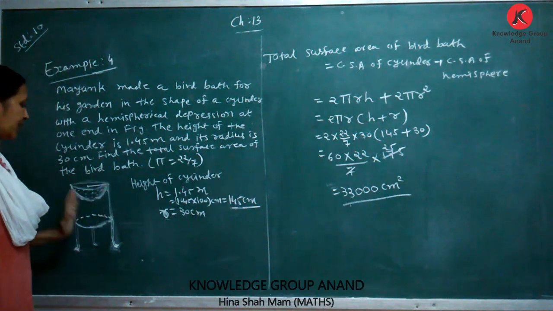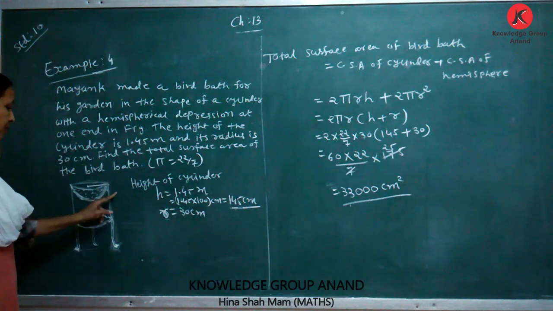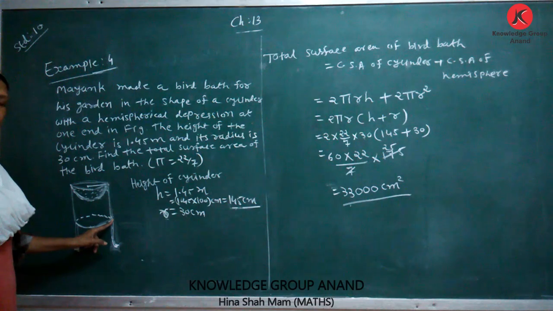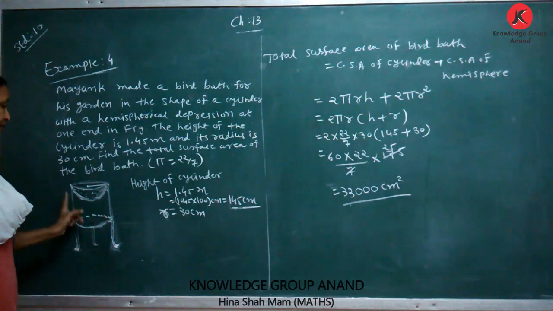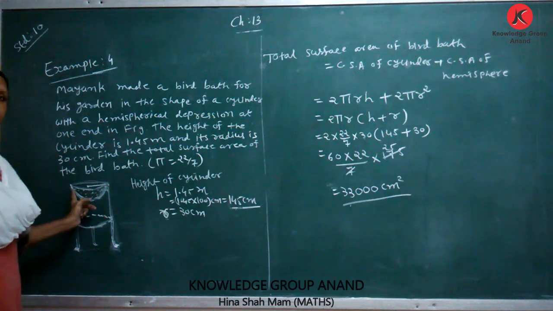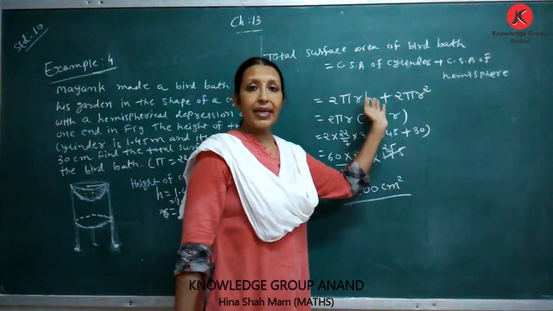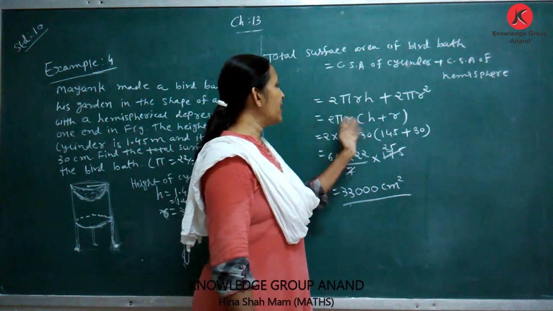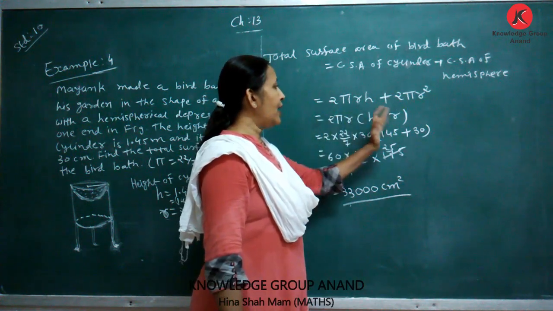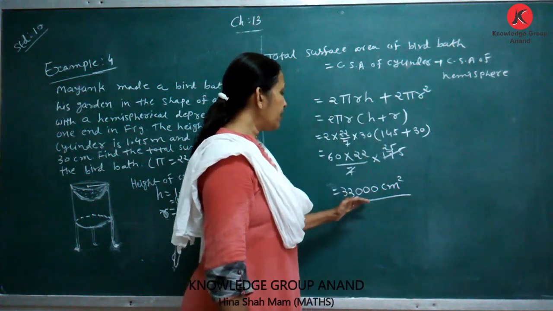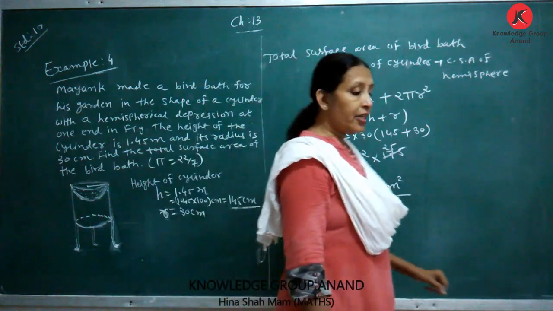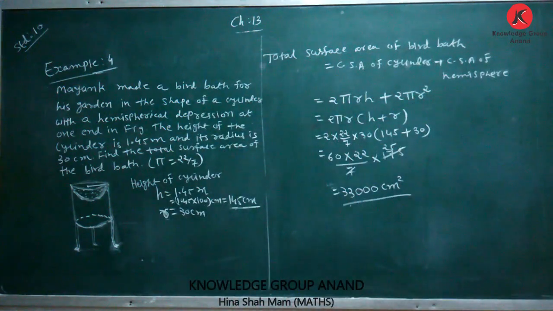Now the total surface area of the bird bath is equal to the curved surface area of the cylinder plus hemisphere. Put the formulas 2 pi r h plus 2 pi r square, 2 pi r common, h plus r. Then calculate this: 33,000 centimeters square. In the next lecture, we start our exercise 13.1.